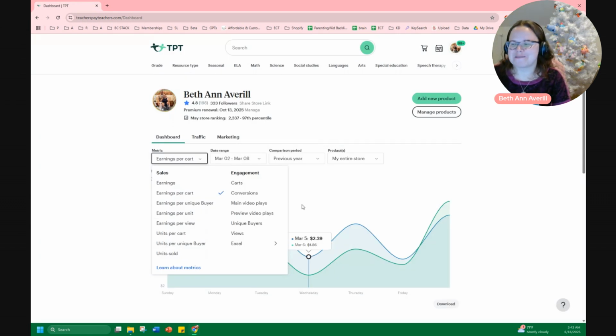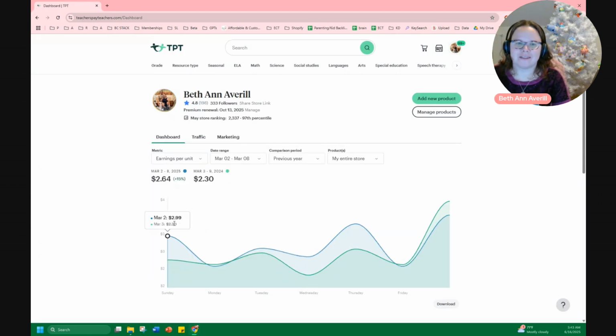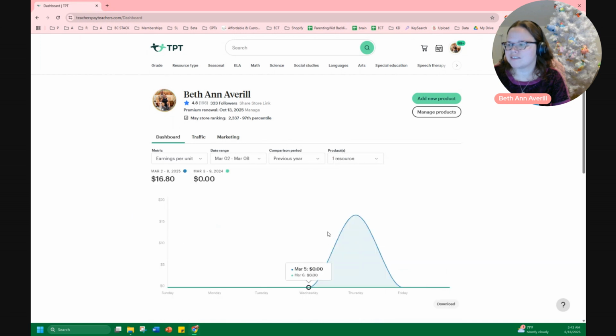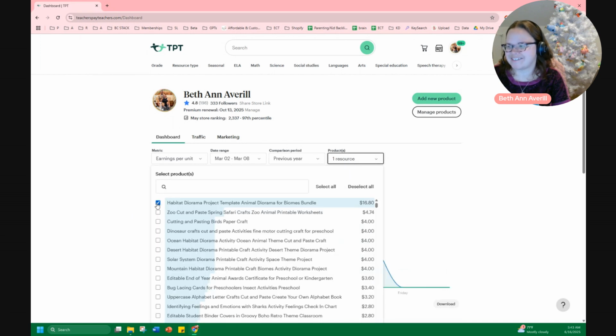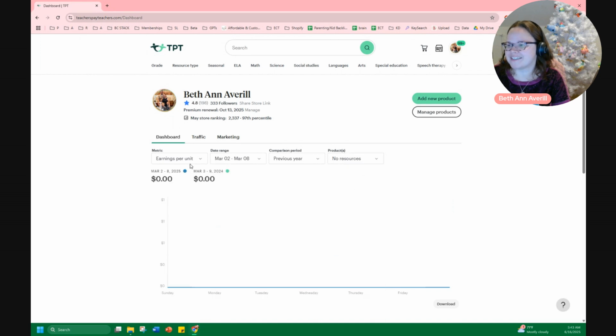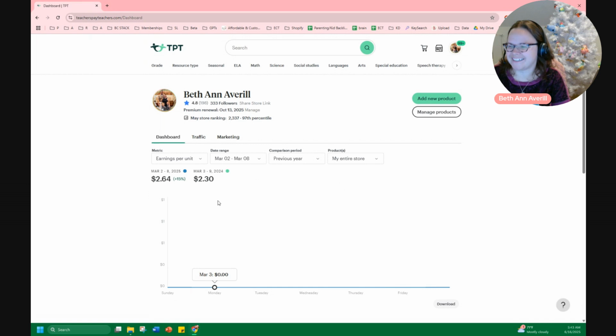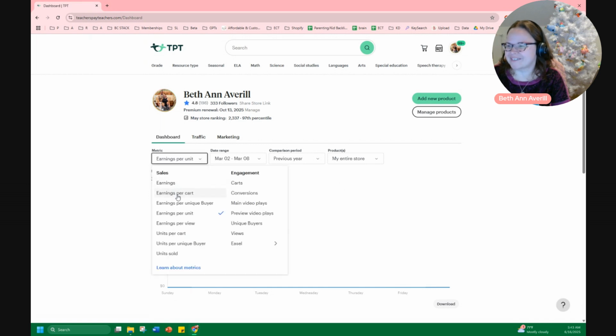But I wanted to talk about earnings per unit. This gives you clean profit data per product. This is how much you earn every time a unit of this product sells. You can also, instead of doing your entire store, just do this one. I would do one that's sold multiple times, which apparently I don't have many of in this one week. So let's go back to all. Oh, now it's confused.